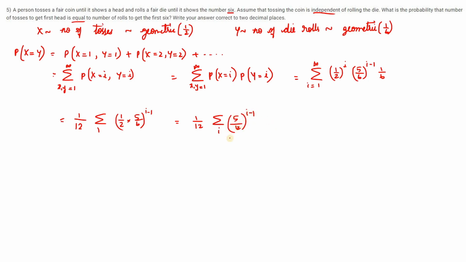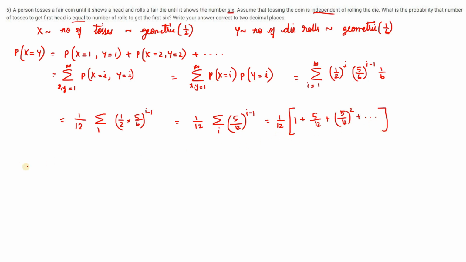Now let me expand this. 1 by 12 is outside, and i starts from 1, so 1 minus 1 is 0, which gives 1, plus 5 by 12, plus 5 by 12 the whole square, and so on till infinity.